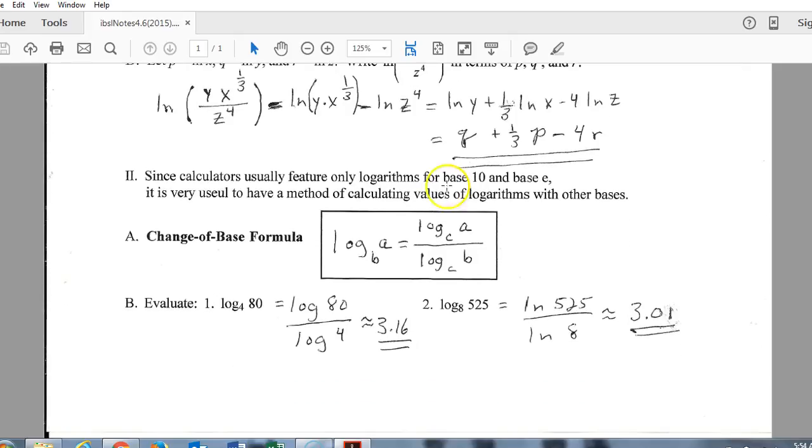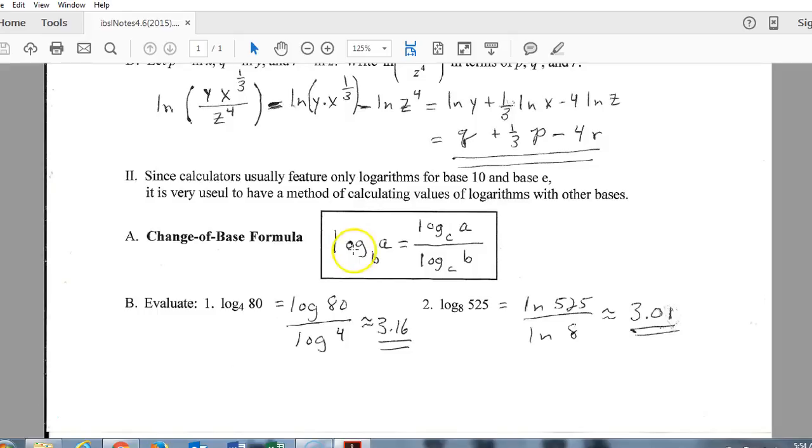For this last part, you've got two options for putting certain things into a calculator with logs, and I kind of hinted at this in the last video, but I've got some pretty good tricks that you can do with a lot of the newer style calculators that will help you out.